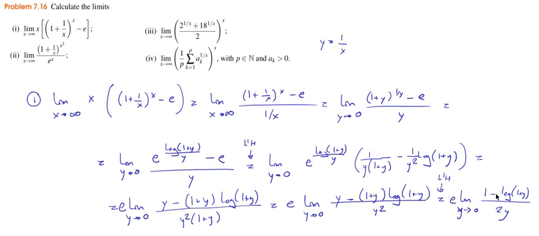Okay, let's see, so we have 1 minus 1 minus this. Okay, so again we see 0 divided by 0. Again, we can apply L'Hopital's rule.